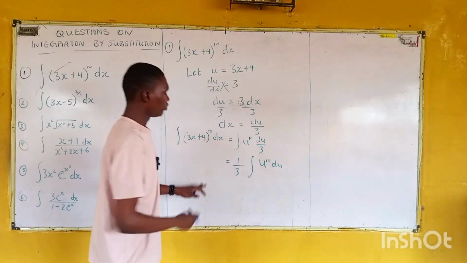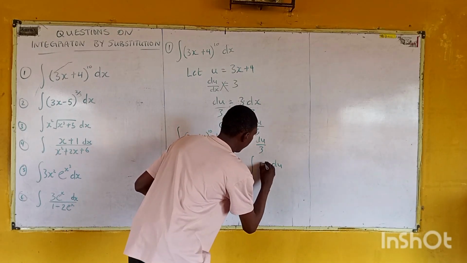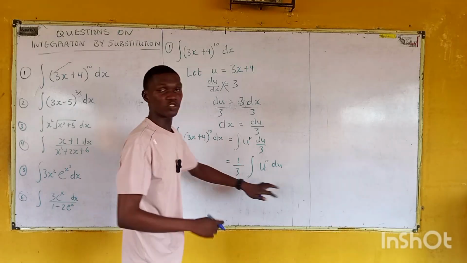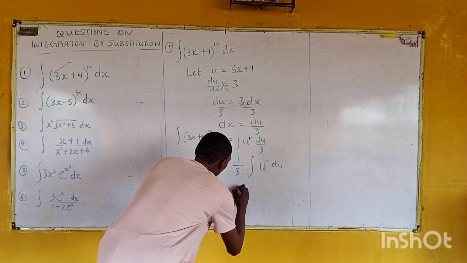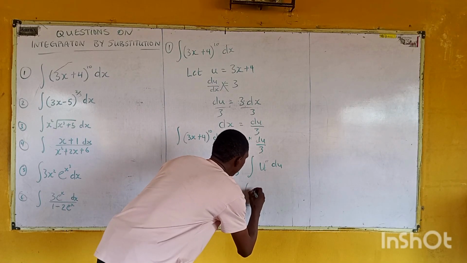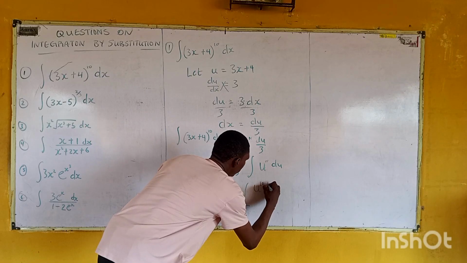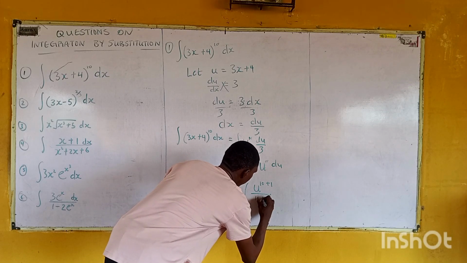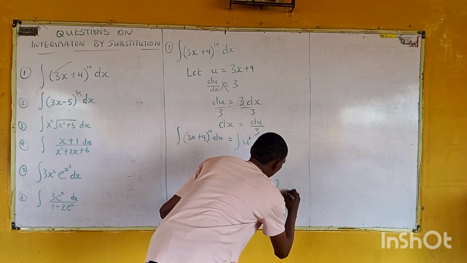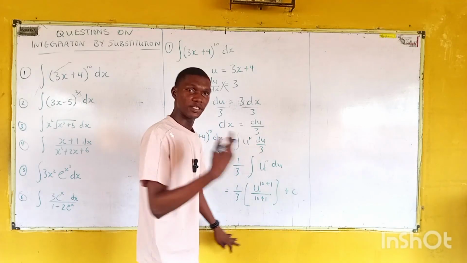Now we want to integrate u raised to power 10 du. That gives 1 over 3 times u raised to power 10 plus 1 over 10 plus 1, then plus c, which is our constant of integration.